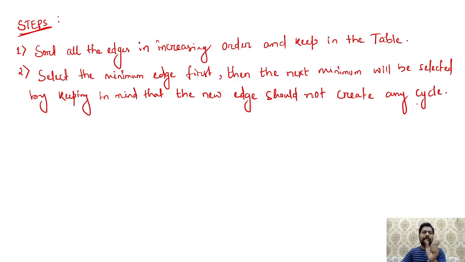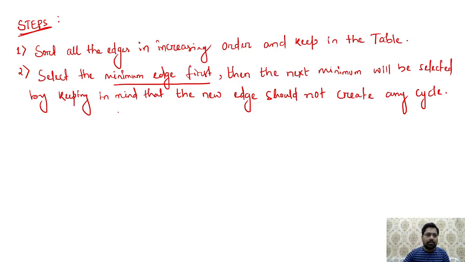Here the cycle property could be focused. So you first take the minimum edge, the lowest one is picked first. Then we carry on with the next minimum to the next minimum. But whenever we are adding a new edge, we have to check whether it is creating a cycle or not. If it is creating a cycle, then we switch to the next one.